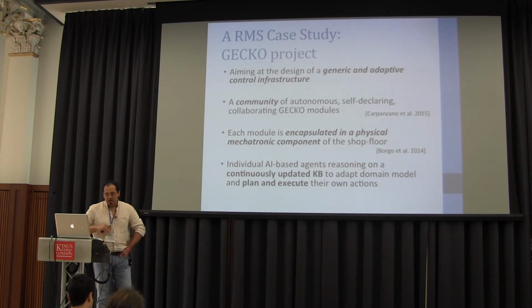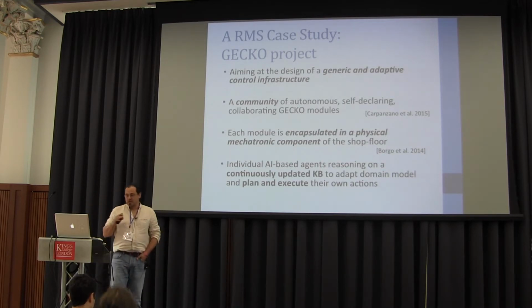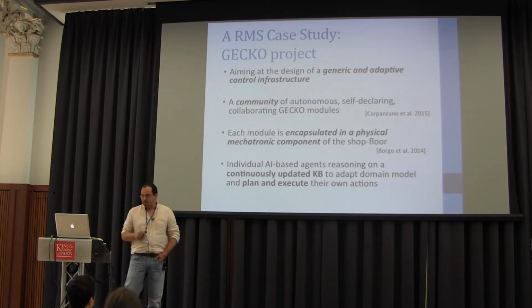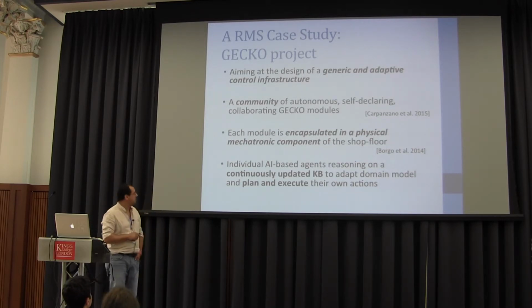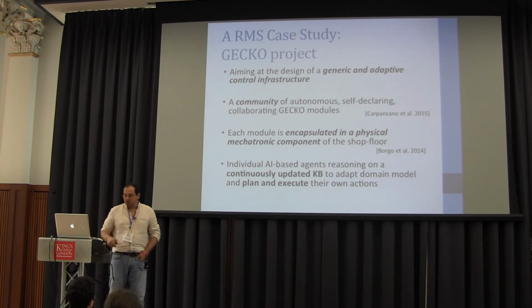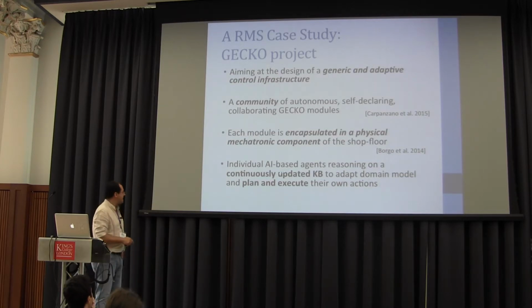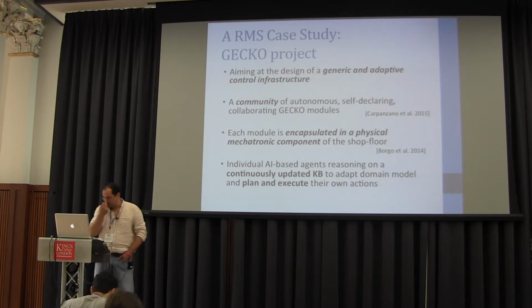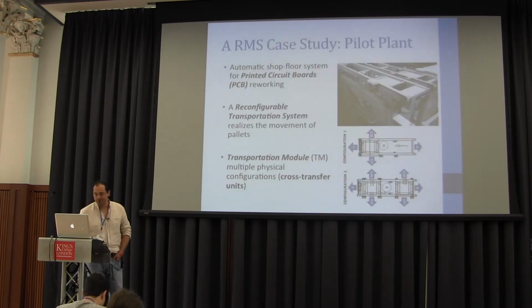Our idea was basically to consider individual AI-based agents reasoning on a continuously updated knowledge base representing the status of the agent and the status of the environment, in order to adapt the domain model and then plan and execute their own actions facing the production needs.